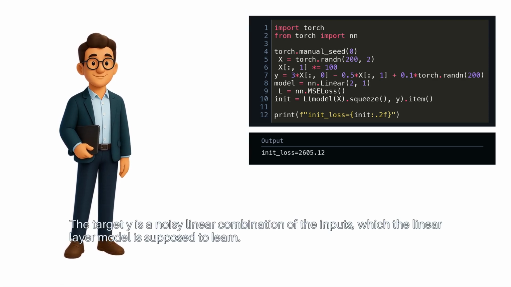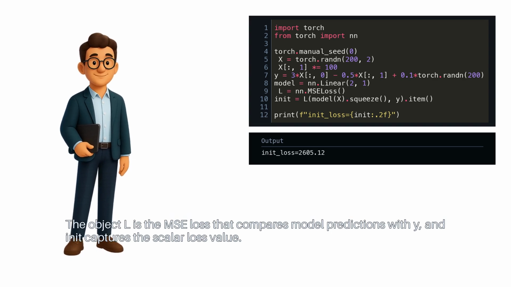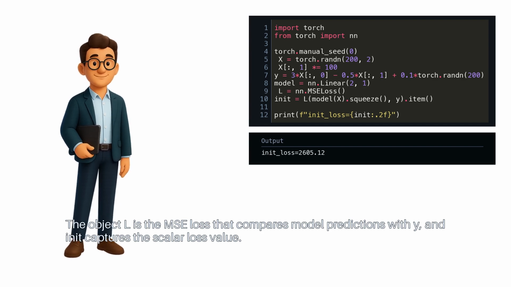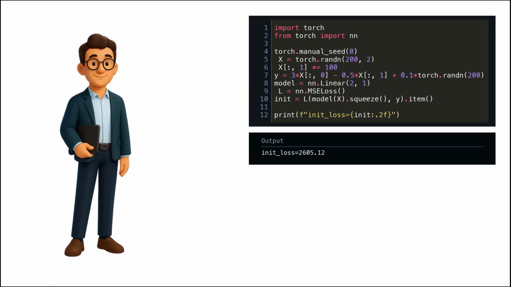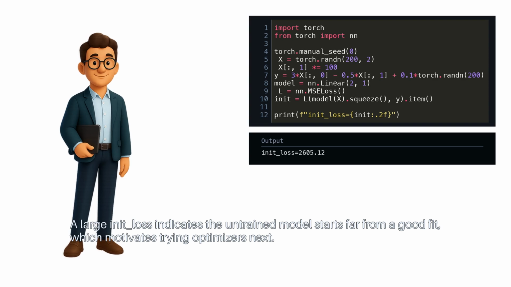The target Y is a noisy linear combination of the inputs, which the linear layer model is supposed to learn. The object L is the MSE loss that compares model predictions with Y, and init captures the scalar loss value. A large init loss indicates the untrained model starts far from a good fit, which motivates trying optimizers next.